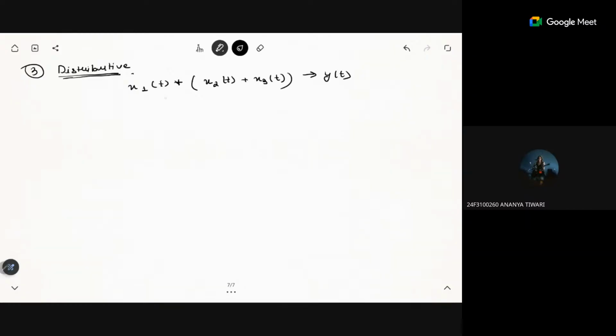How we can write this again is x1 of t convolved with x2 of t, plus x1 of t convolved with x3 of t, and this will again give me an output y of t.